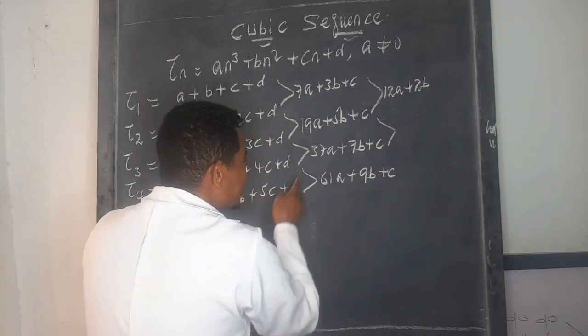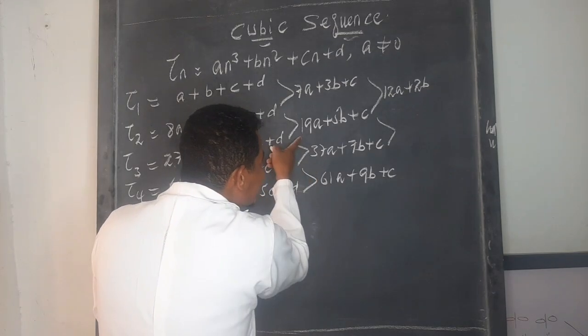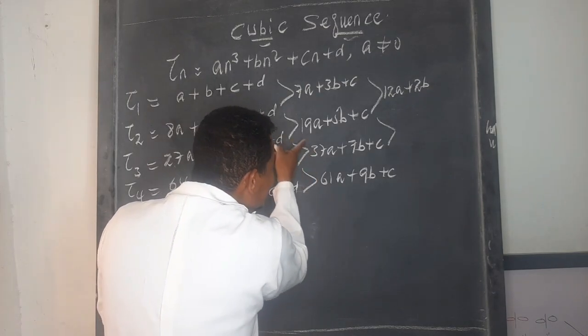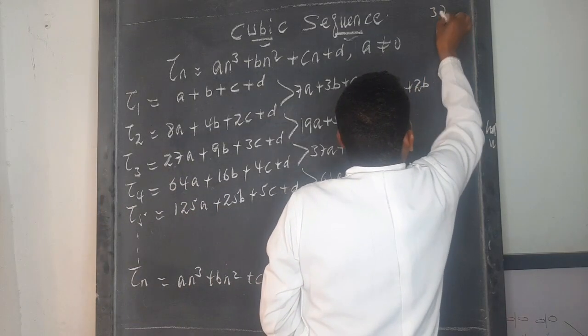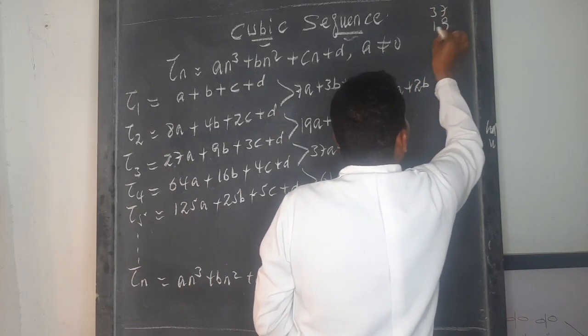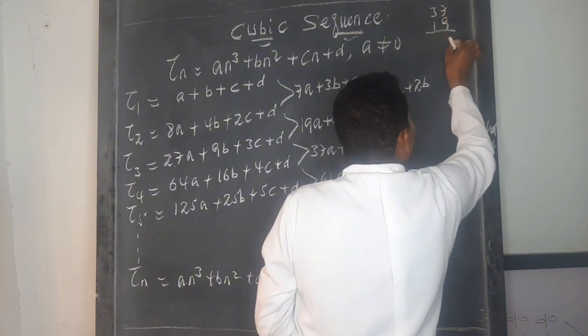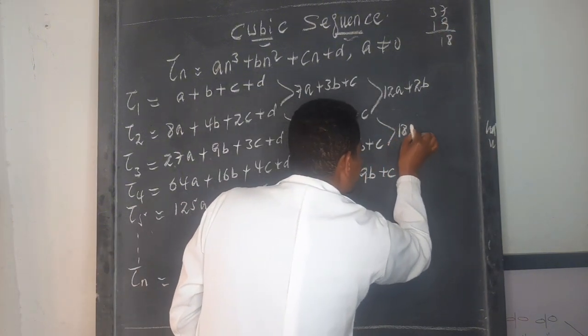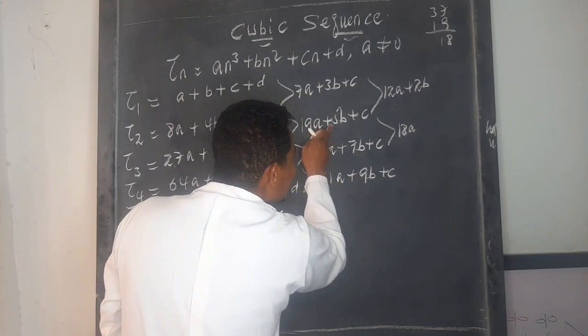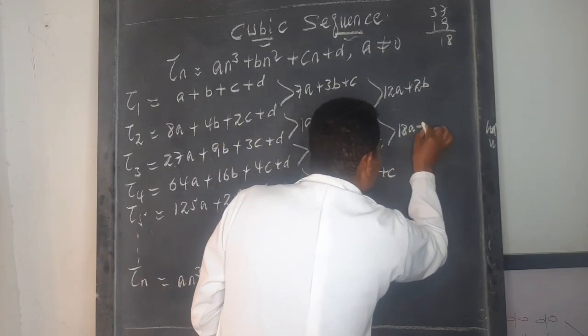Next, 37a minus 19a is 18a, and 7b minus 5b is 2b.